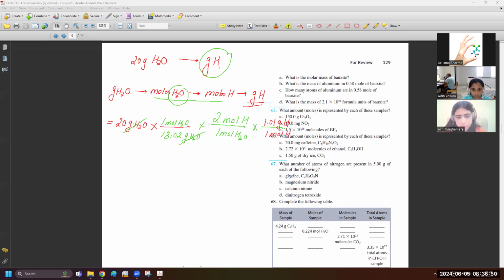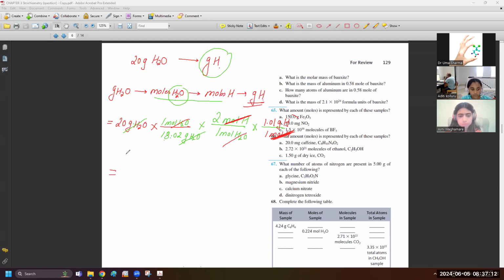This is for 1 mole, right? Is it for 2 moles, Aditi? You don't want to cancel the complete 2 moles. You want to cancel the units only, not this 2. And this is the ratio given in the periodic table. Can you see? Units are cancelling.